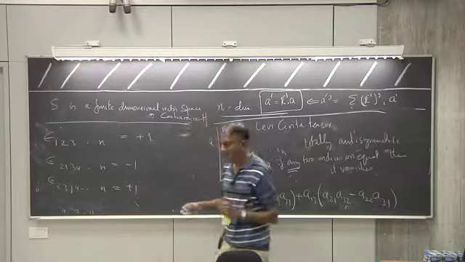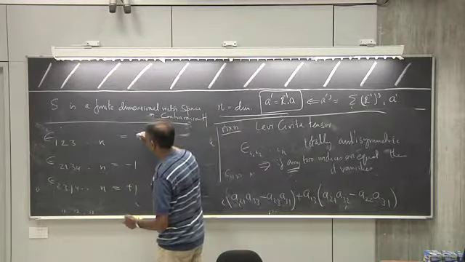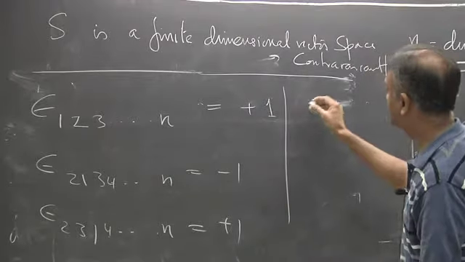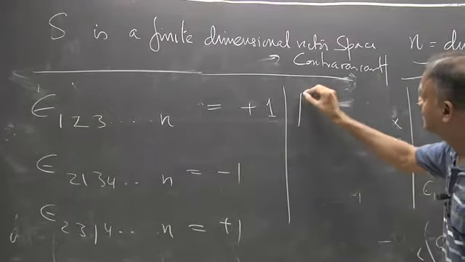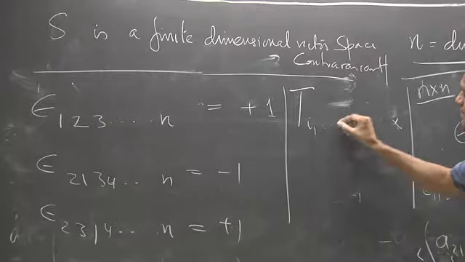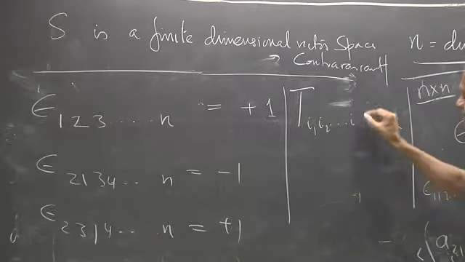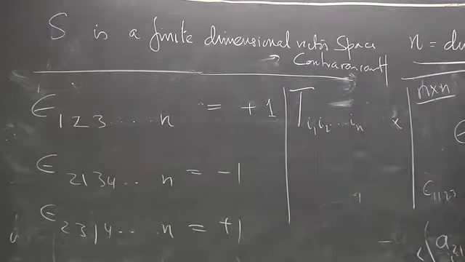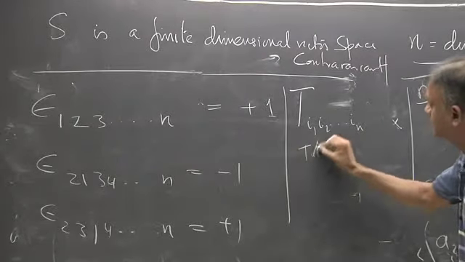You understand? Suppose it was not plus 1, but suppose there is another tensor. Let me just call it A or T, another tensor which I know is totally antisymmetric, which satisfies the condition that this is totally antisymmetric.